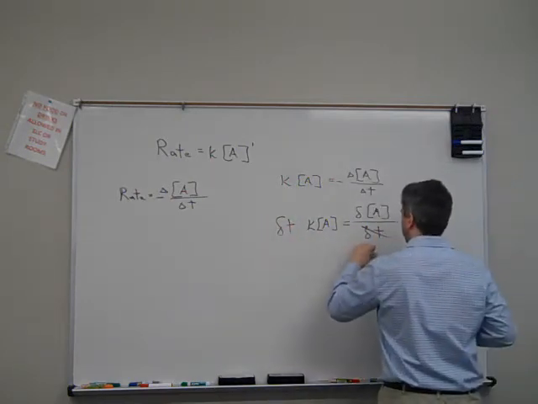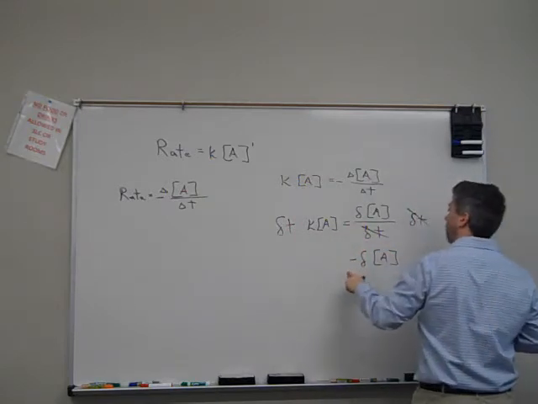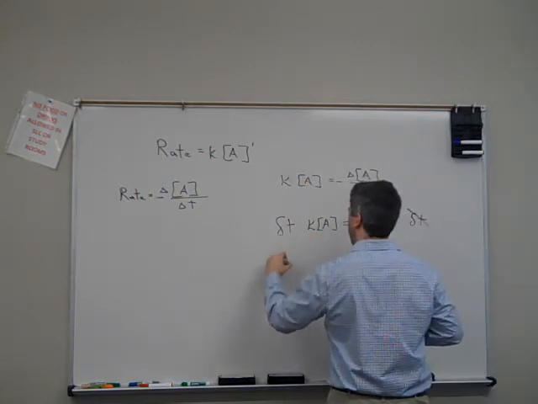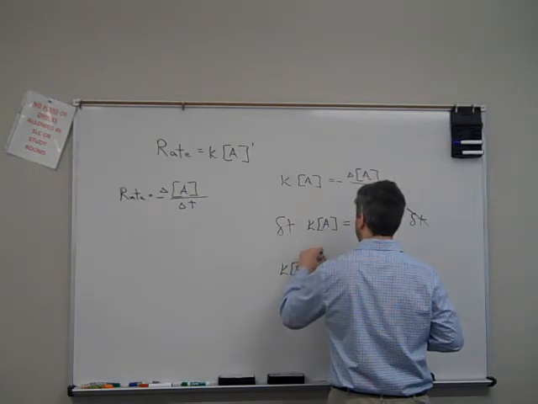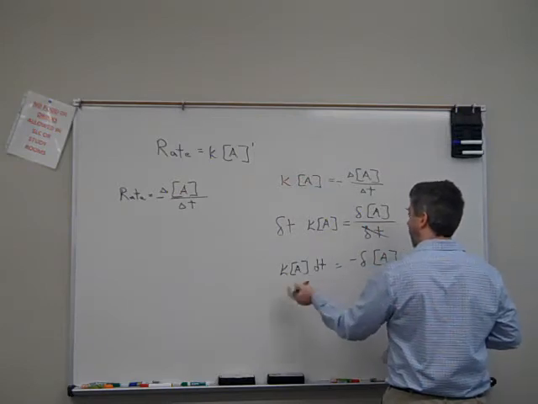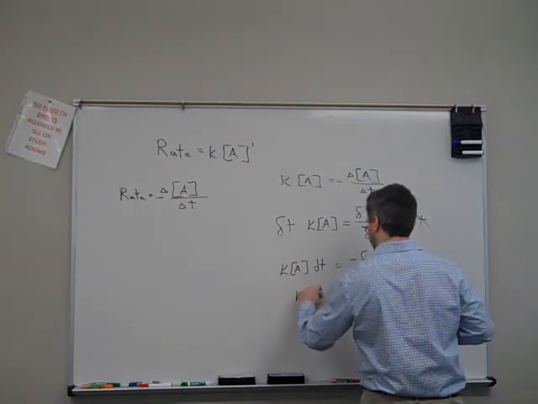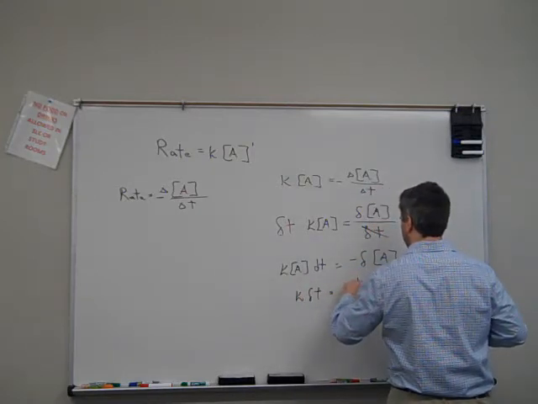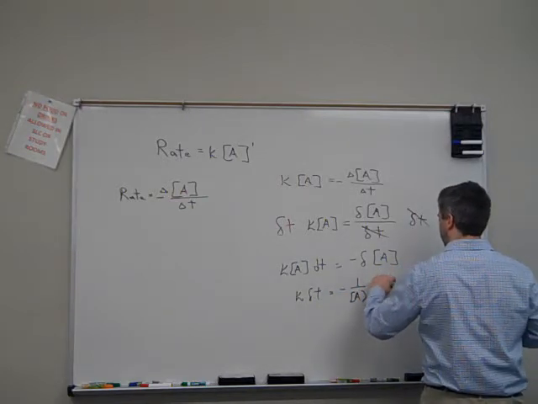That gives me negative dA is equal to k[A] dt. I can then divide both sides by the concentration of A, and if I do that, I get k dt is equal to negative 1 over the concentration of A, times dA.